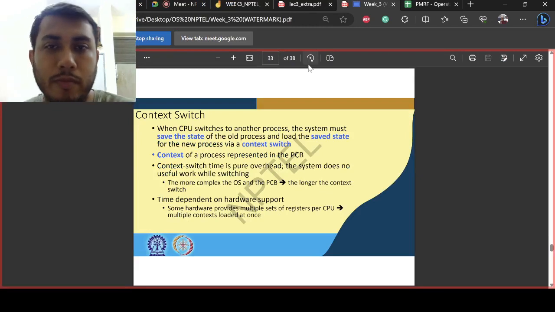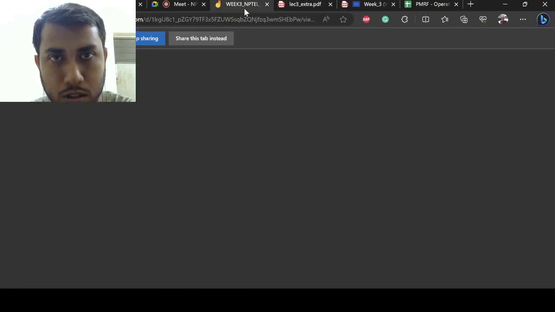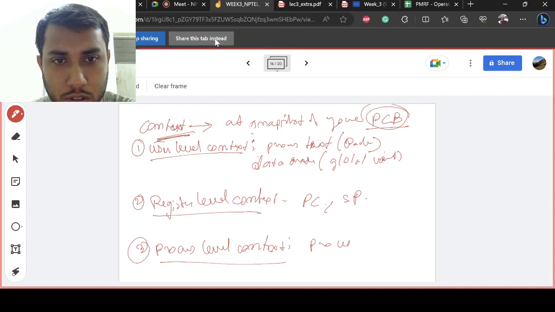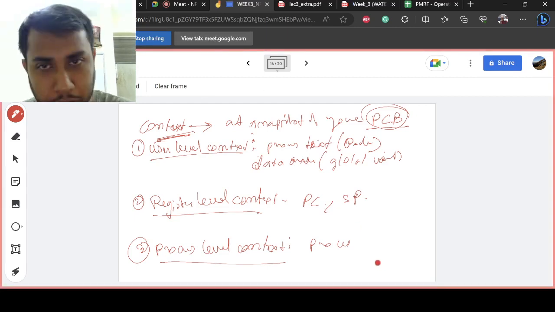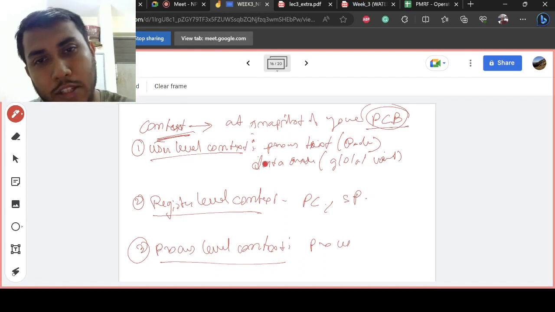Okay. So that is your context switching, and I was describing what the contexts are. You have your text, your data, and everything under your user level context. Then in register level context, you have your program counter and your stack pointer.